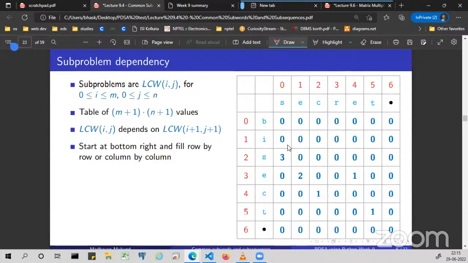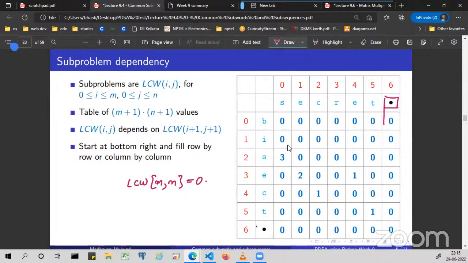Depending upon those cases, you are filling up the matrix by running a loop. So what was the condition? Observe, here we do not have any element, so this is 0. Here also we do not have any element. That is this condition: LCW of m comma n is equal to 0. Remember, we have reached the end of the string. So this is this cell.